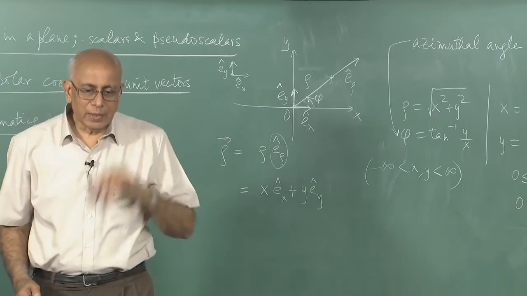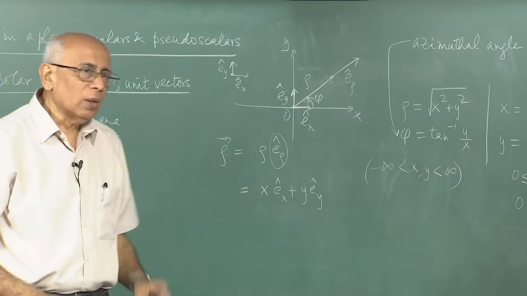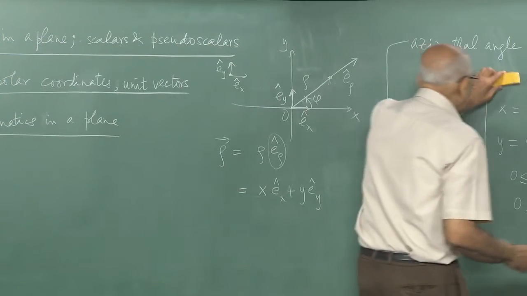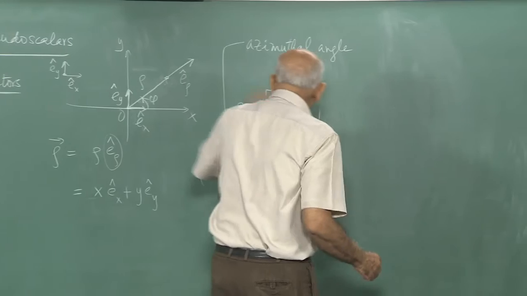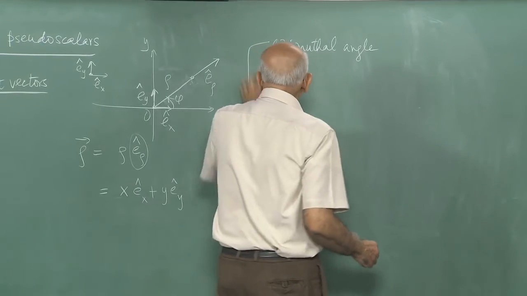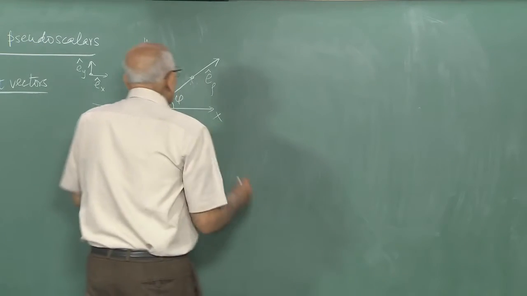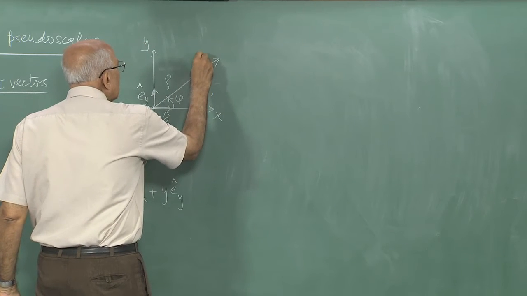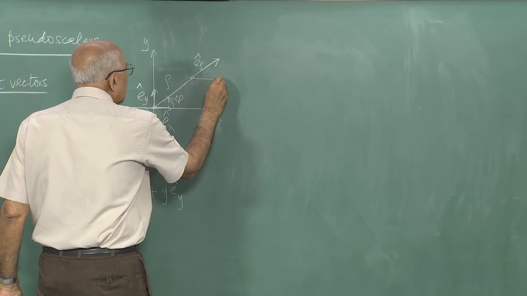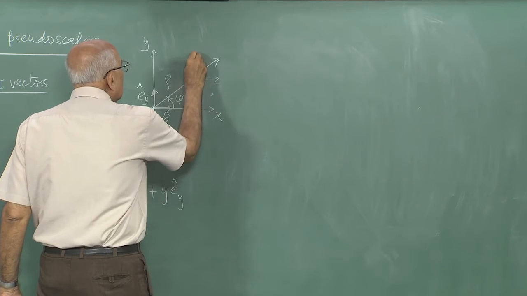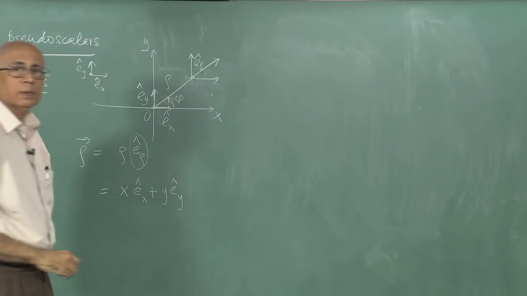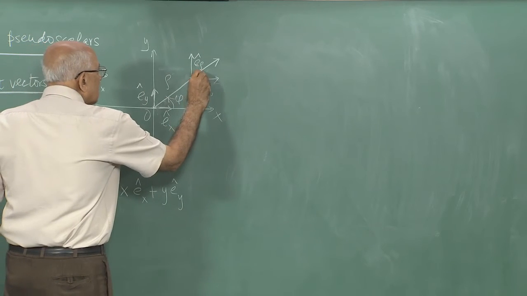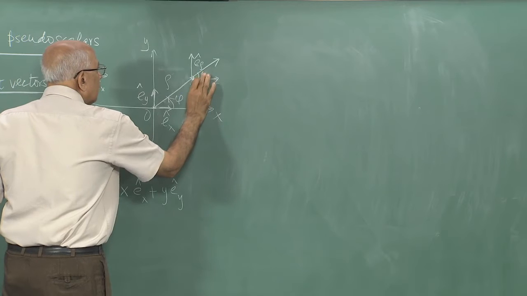And we would like to know what is the dependence of this E rho on the coordinates themselves. Well, that is easy to write down, because all you have to do is to take this vector E rho and resolve it along Ex and along Ey in this fashion. Of course, by the law of corresponding angles, this angle is also phi.